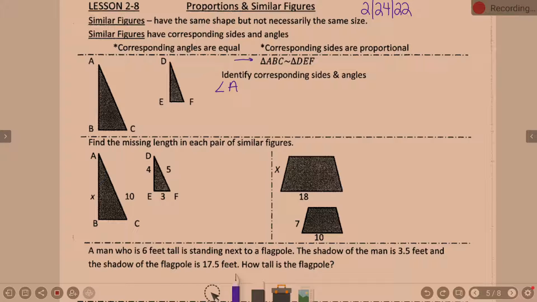D. Agree? Angle A and angle D correspond. Now, because they are angles, notice they are going to be equal, so I'm going to use the congruent mark. Angle A and angle D are congruent. It's an equal sign with a little squiggle over it.